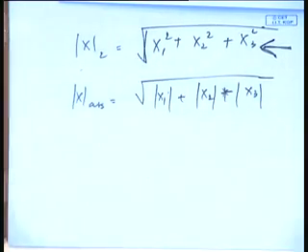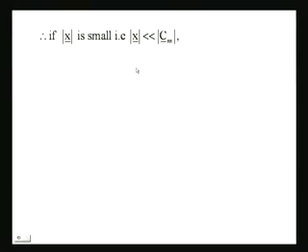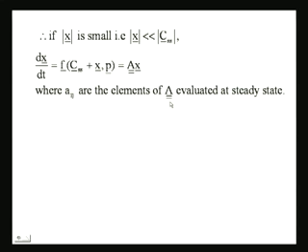So going back to the screen, if I am to decide whether my x is small, I just compare the length of x as compared to the length of the other vector. Okay. So when I have done that, and when that turns out to be small, then I can make this approximation that dx/dt equals Ax. Okay, clear?